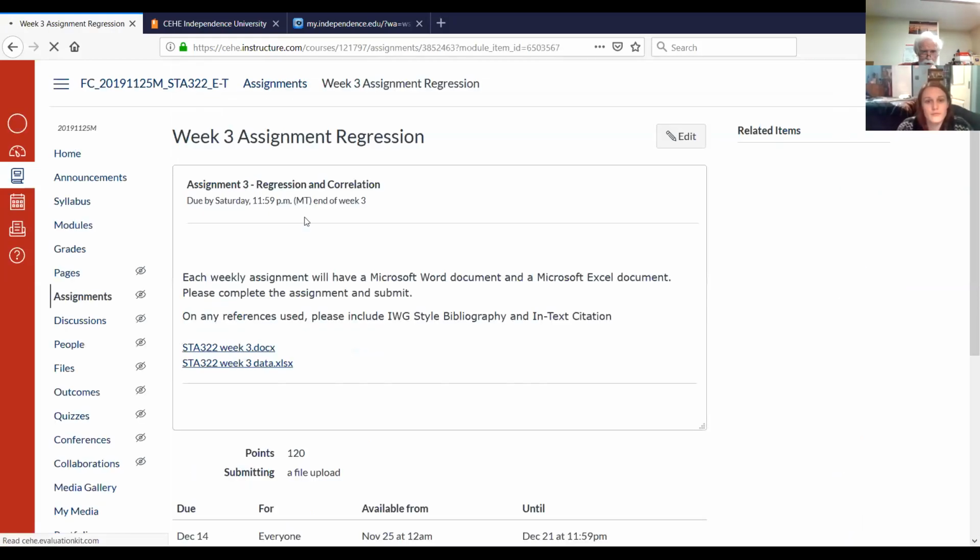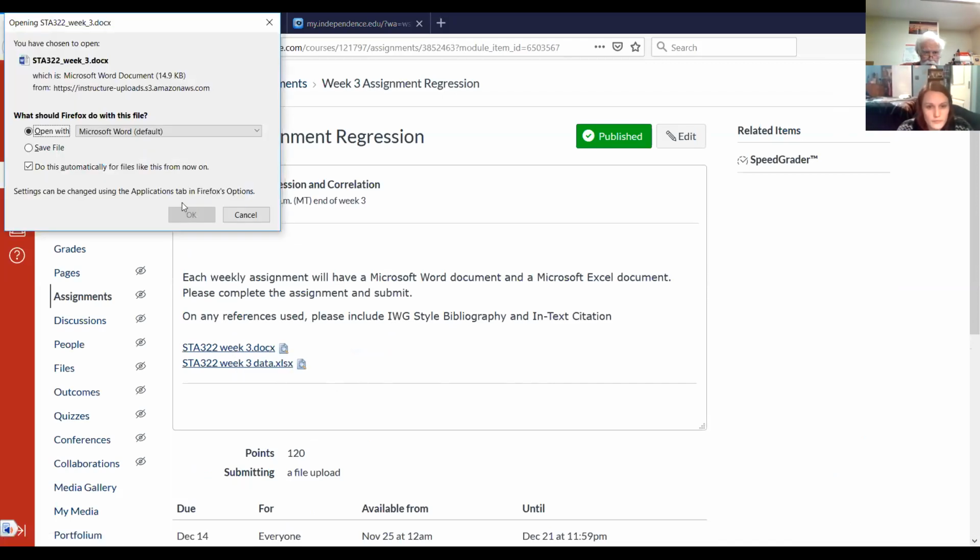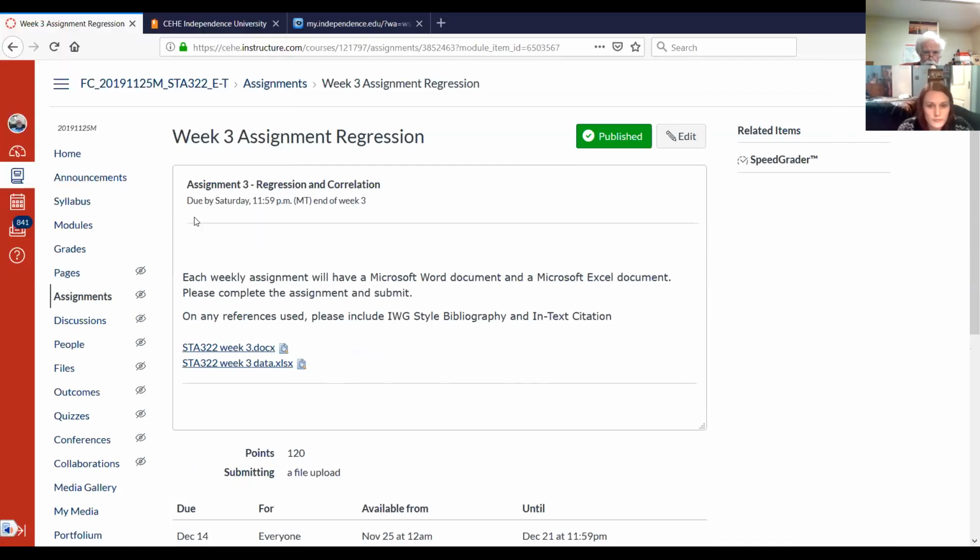Let's take a look at the assignment here. I'm going to warn you to watch out for the assignment right away, for the simple reason that there's some stuff in here that we won't have time to discuss tonight.